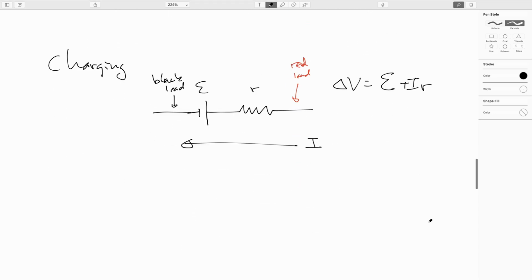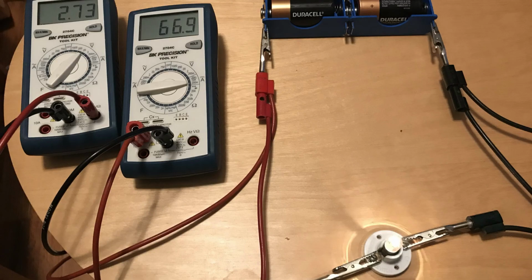Alrighty, so let's just do a quick example of this. If you remember this photo that I showed you last time, where we had two batteries hooked up in series, and you can see I got a voltmeter attached across the batteries reading 2.73 volts.